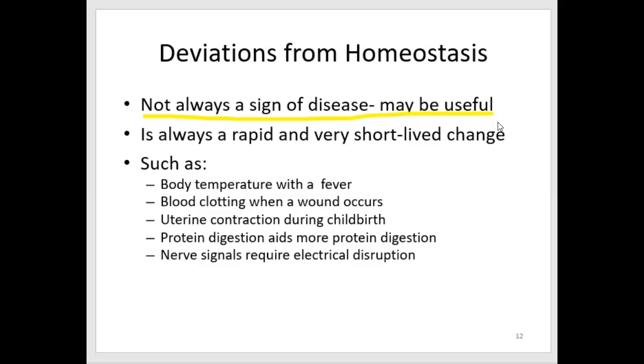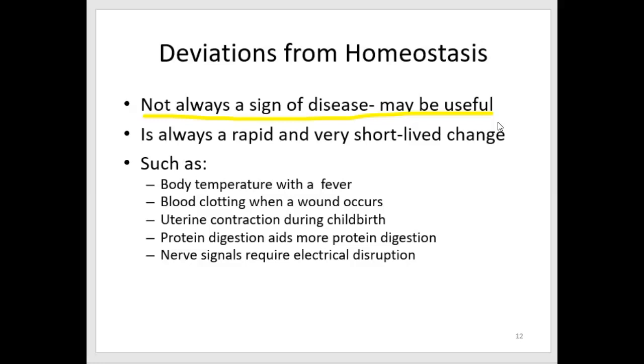Body temperature needs to be maintained so that all of our cells function normally, particularly proteins. Blood clotting is another example. We want our blood to clot when a wound occurs, but we don't want it to clot all the time and in all locations. The example that I'm going to talk about when a deviation from homeostasis is normal is uterine contraction during childbirth.